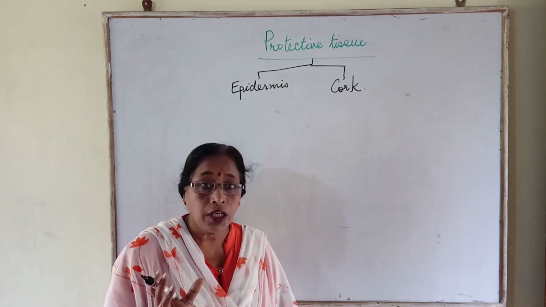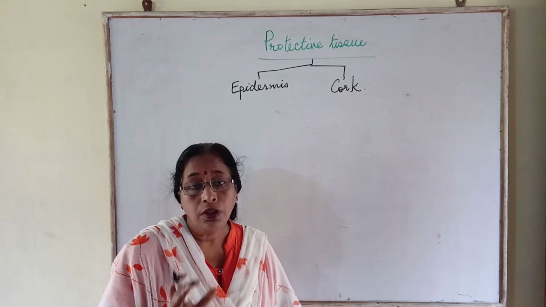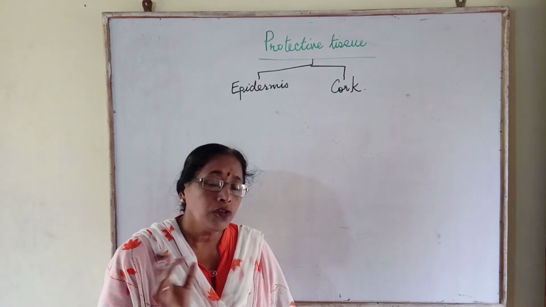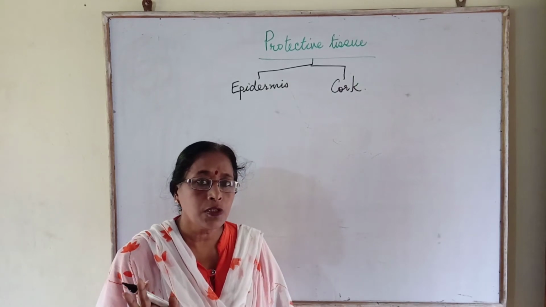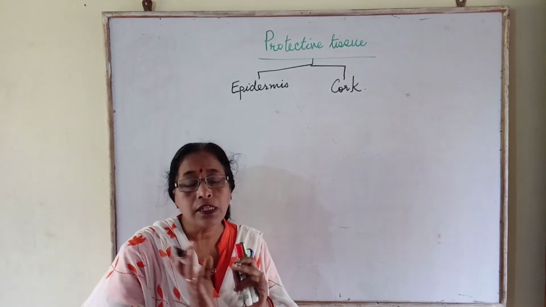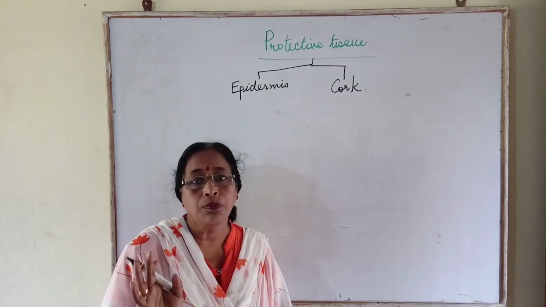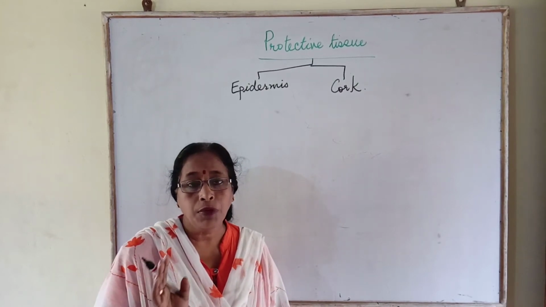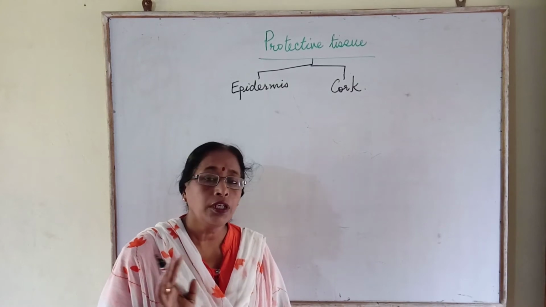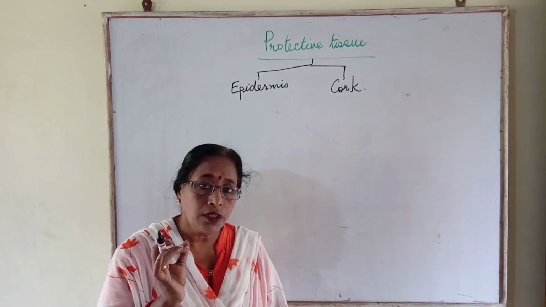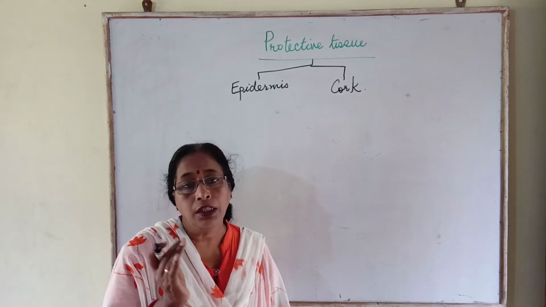The cells of the epidermal tissue are elongated, round or oval. There are no intercellular spaces between them; that is, the cells are compact and closely packed. There is no gap between the cells. Its main function is to cover the different parts of the plant. It is thick on the outside and thin on the inner side.